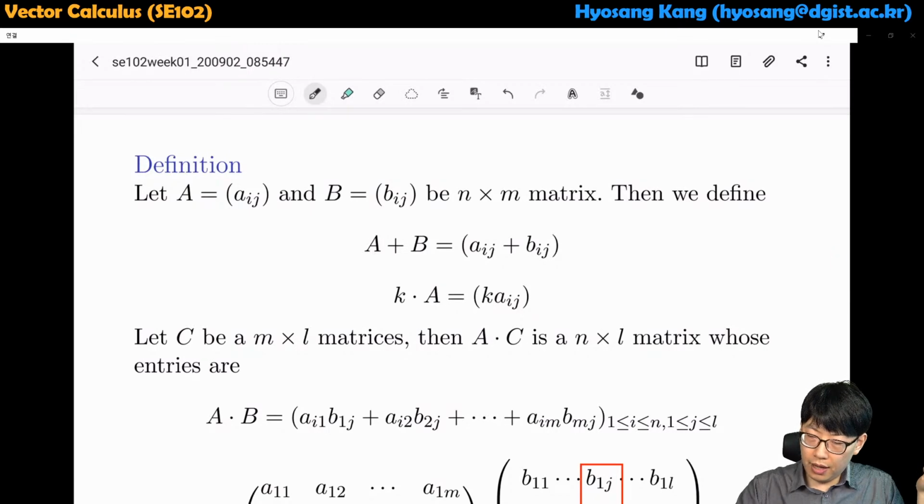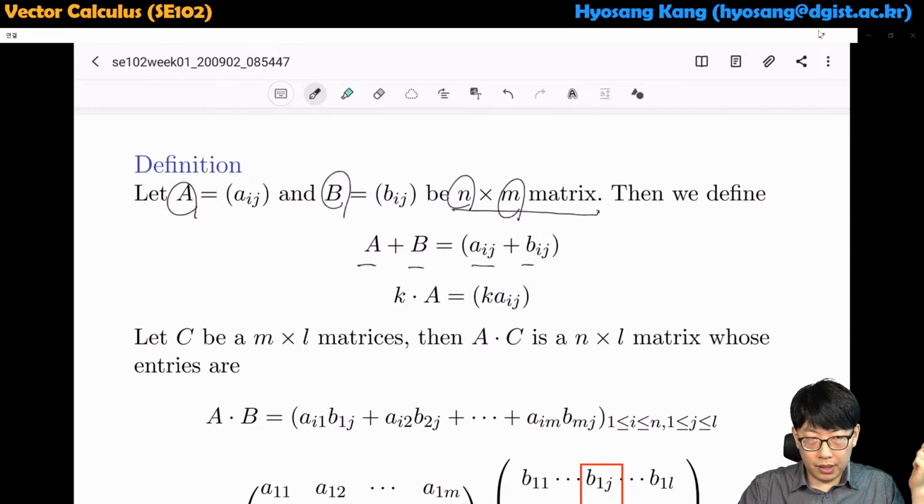If you have two matrices of the same size, which means that you have the same number of rows and the same number of columns, you can add two matrices, and the new matrix is given by this definition: the ij entry of A plus B is given by the sum of the ij entries of A and B. So Aij is the ith row, jth column entry of matrix A, and Bij is the same. So you get another n by m matrix.